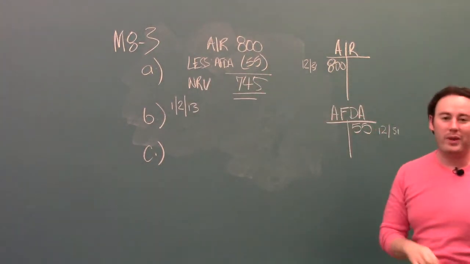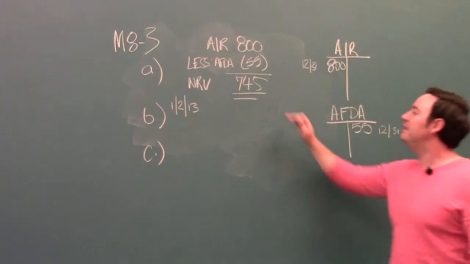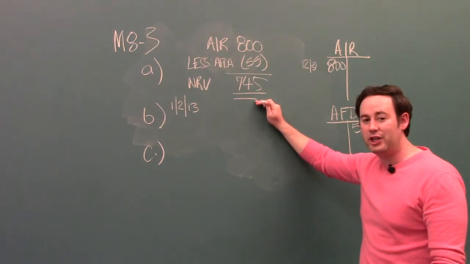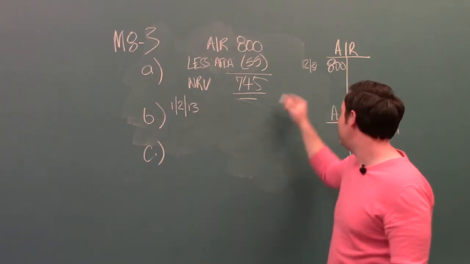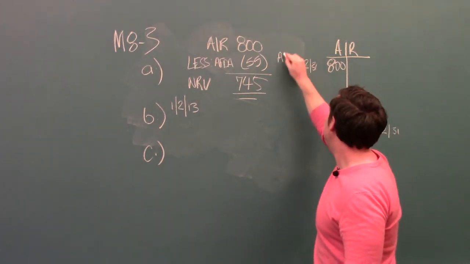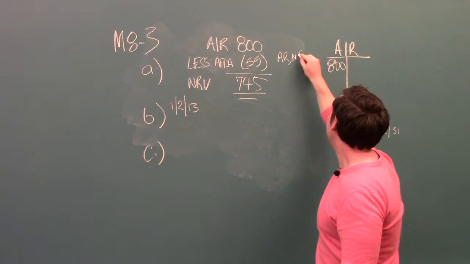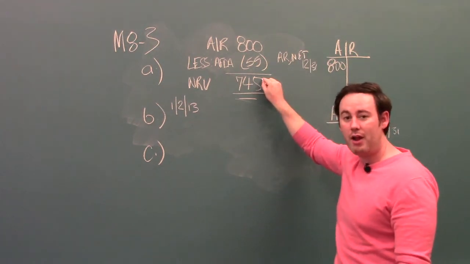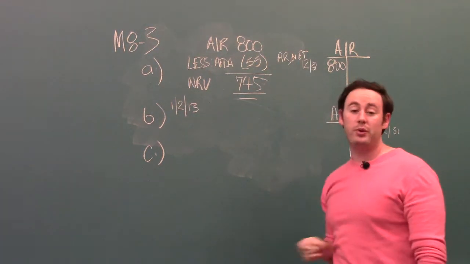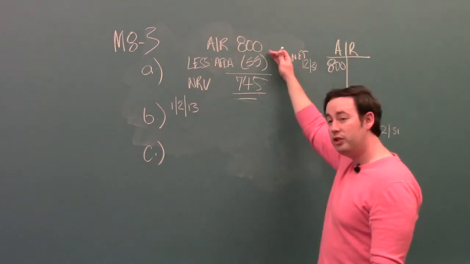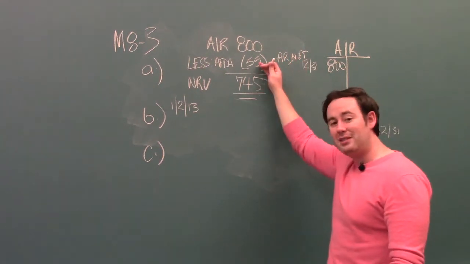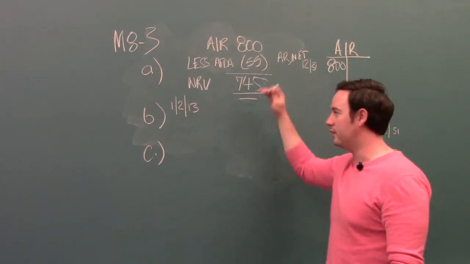This is the amount that we actually expect to collect. This is the amount that shows up on the balance sheet. This is what actually shows up under accounts receivable. It would say something like accounts receivable net, and then it would have this amount here, right? This is the amount that the company actually reports on the financial statements, or the amount that they actually expect to collect. The original accounts receivable less your estimate of what you expect that you can no longer collect, okay?